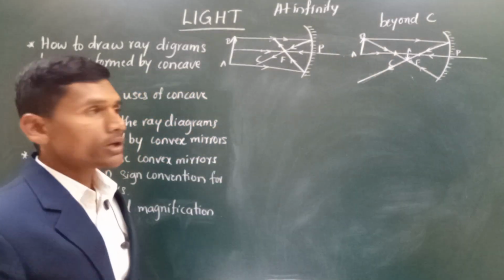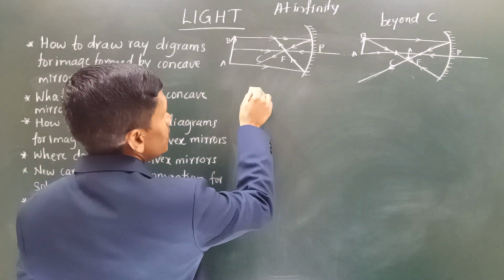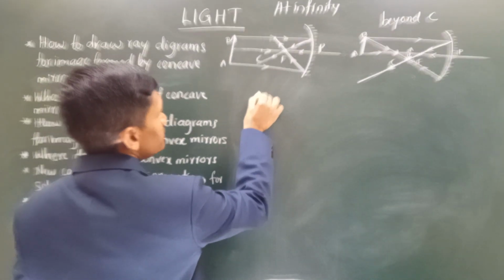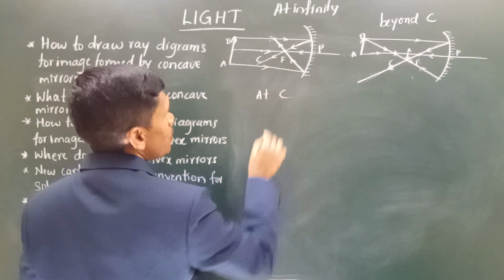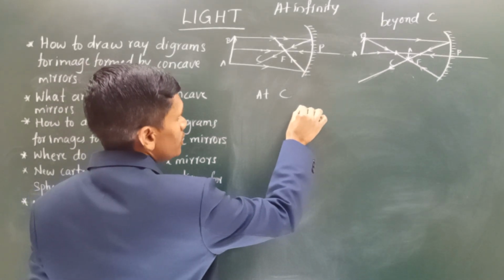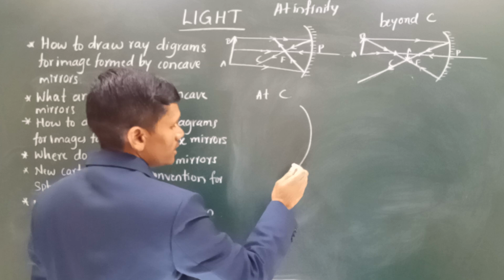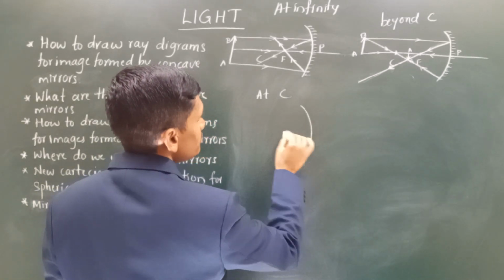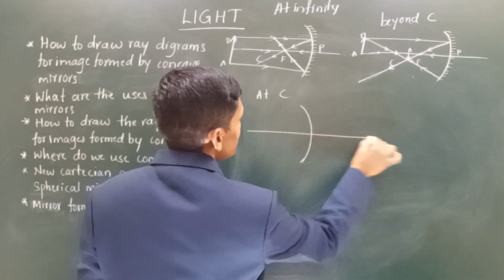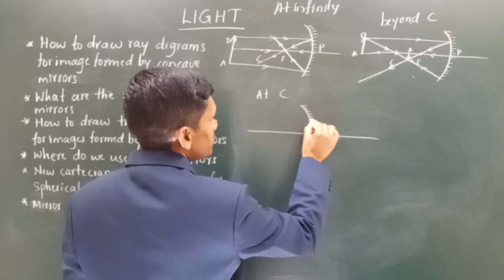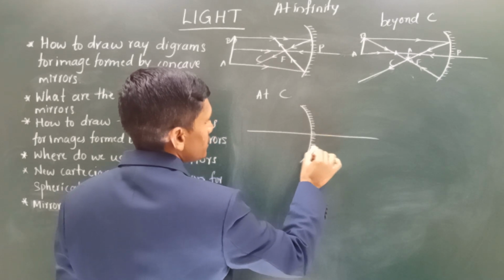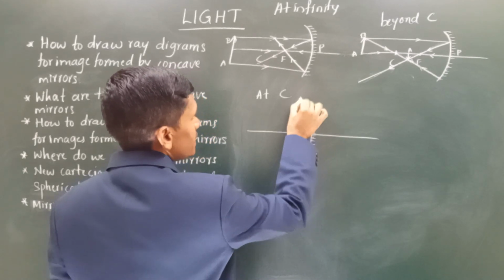Then the next point we need to consider is when the object is at C. When the object is at C, what will be the nature, size and position of the image? Now, this is a concave mirror. You can show the mirror as just MN.